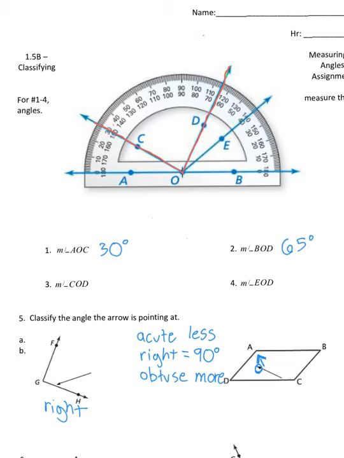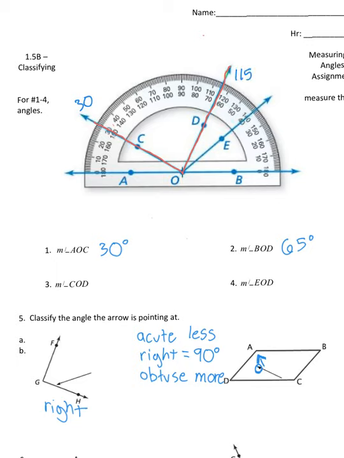So COD, the first part starts at 30. What I would do is start at 30, and D is at what? 115? It's at 115.